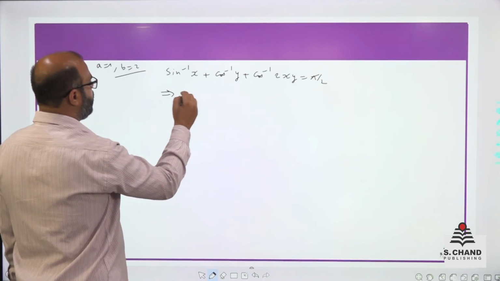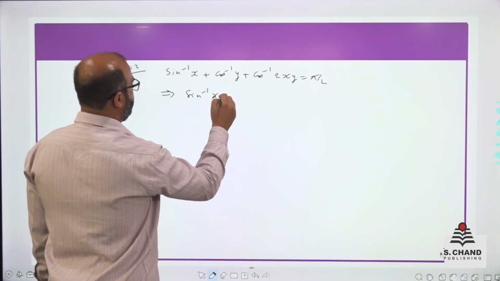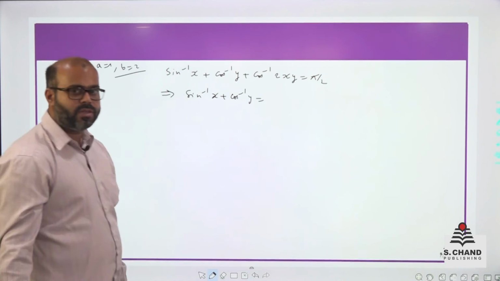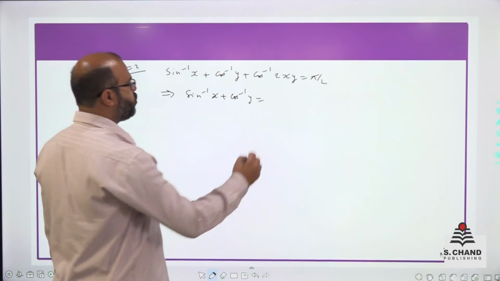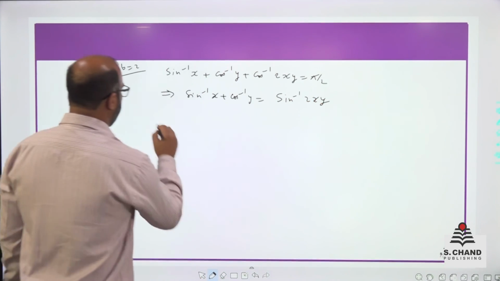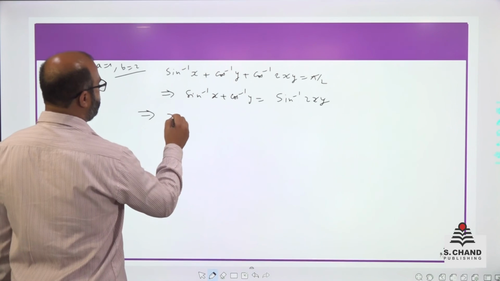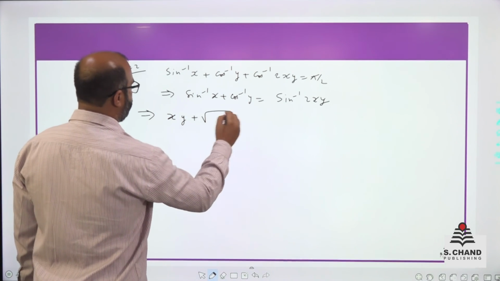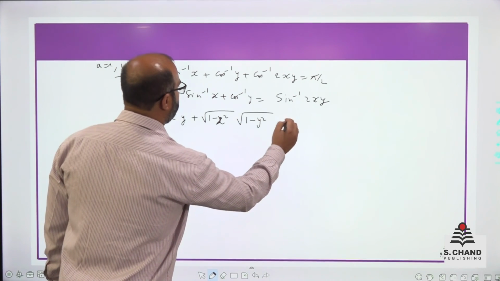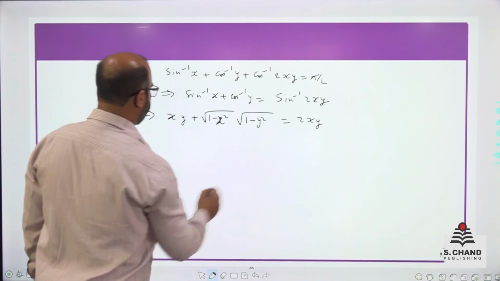Now again we do the same thing, sin inverse x plus cos inverse y, and it will become pi by 2 minus cos inverse 2xy, which will be sin inverse 2xy. Now let us take sin both the sides. This will be x, this will be y, plus root over 1 minus x square into root over 1 minus y square is equal to 2xy.